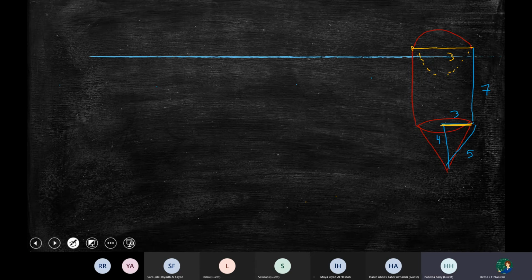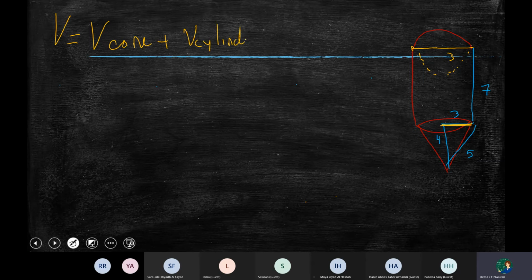Okay, you're welcome. Now let's find the volumes. And the volumes, it's easy. It's the volume of the cone plus the volume of the cylinder plus half the volume of the sphere. Why half? Because we didn't have the whole sphere.